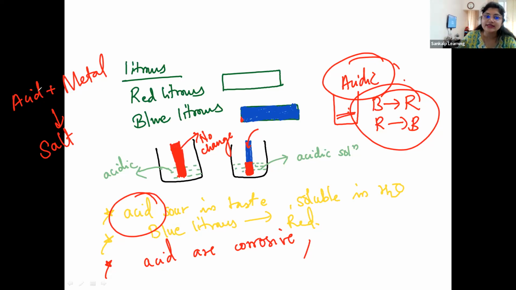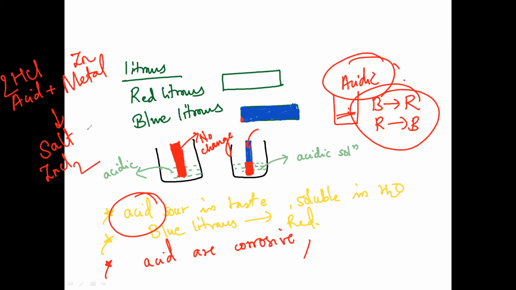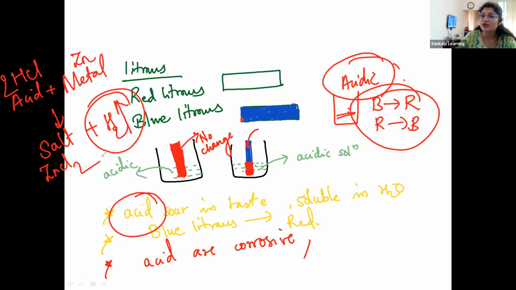If I take an acid like HCl and a metal like zinc, it forms ZnCl2, and hydrogen gas will be liberated. There will be evolution of gas.